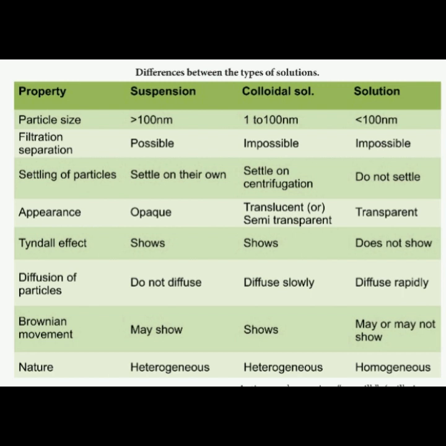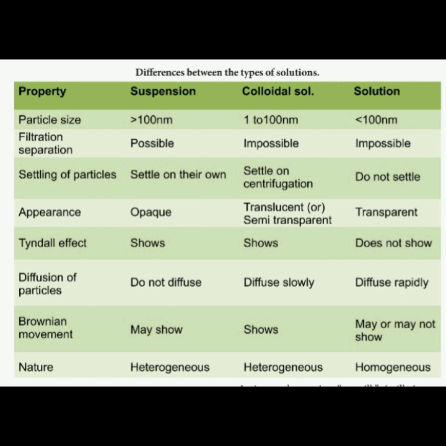Then appearance: a suspension is opaque in nature, that means when light is passing, it does not pass to the other side. A colloid is translucent or semi-transparent, that is, half of the light will be seen on the other side. A true solution is transparent, clearly seen on the other side. Then the Tyndall effect.